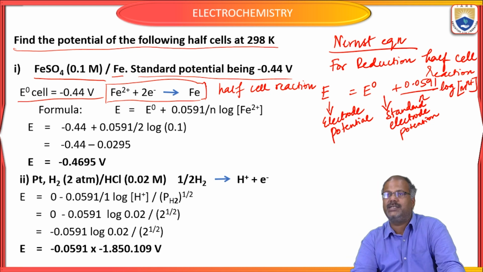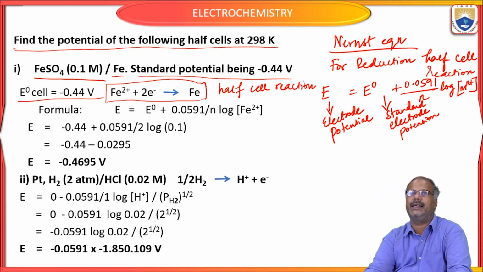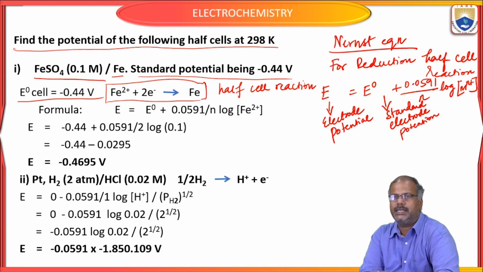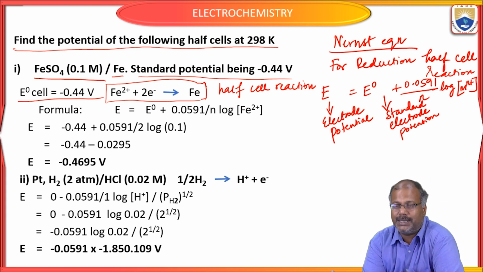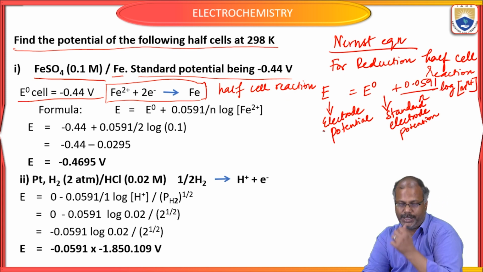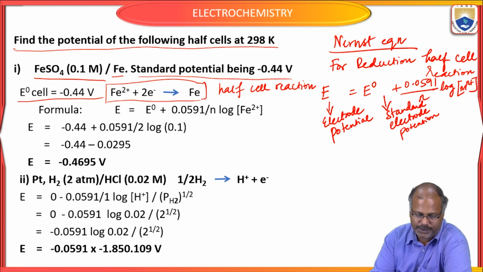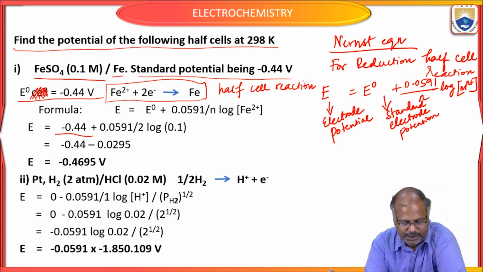E cell, E0 cell will come in the Nernst equation only if we discuss a cell reaction, like the Daniel cell reaction between zinc and copper, where anode and cathode are both involved. Here there is only a reduction half cell, so it is the electrode potential and the standard electrode potential, not E0 cell.